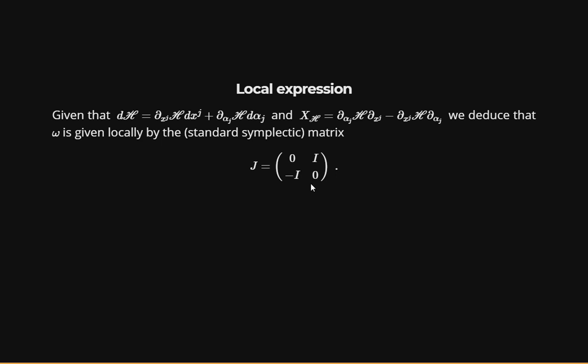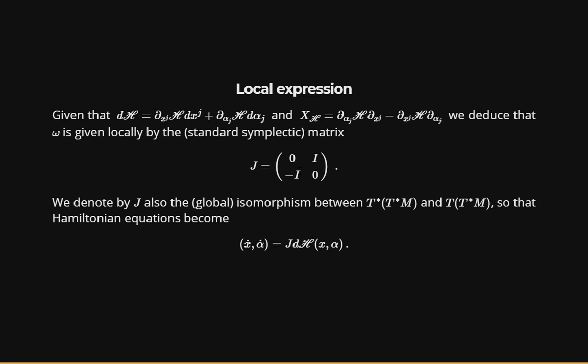It is a block matrix, 2n times 2n, and the identities are the n-dimensional identity matrices. So if you denote by J also the global isomorphism between the tangent and the cotangent, your Hamiltonian equation becomes x dot, alpha dot equals J applied to the differential of H. So you get also the omega, which is given by the same matrix, and the pair cotangent space, omega is called a symplectic manifold.